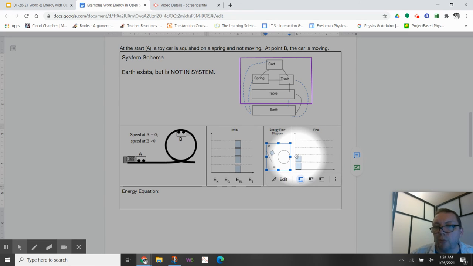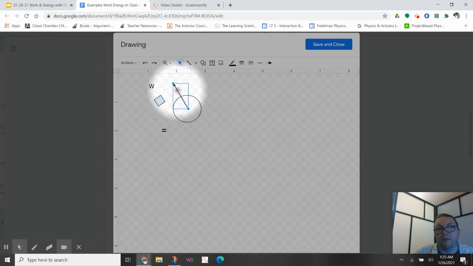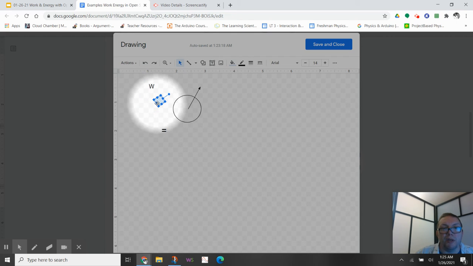We've lost 2 bars of energy. 2 bars of energy have left our system. So to show that those 2 bars have left our system, we're going to take this arrow and have it point out instead of pointing in. We have energy leaving our system because of work that the Earth did to our system.